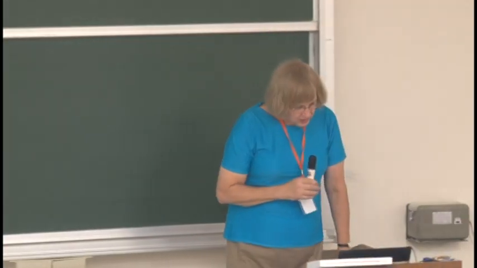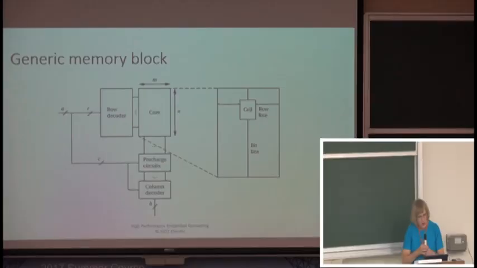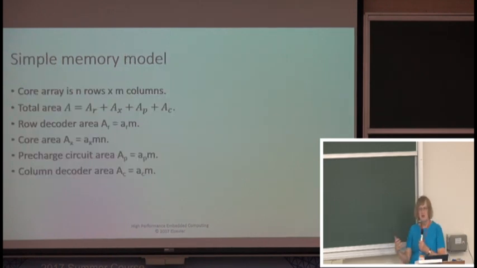So we have wires for the rows, we have wires for the columns, we have pre-charge circuits and so forth. People have looked at how to model the area and the delay of memories based on this structure, right?